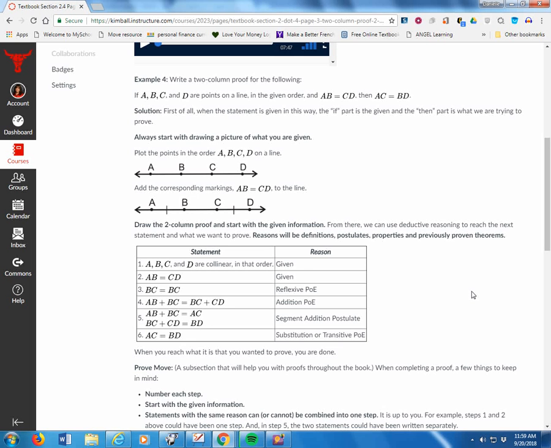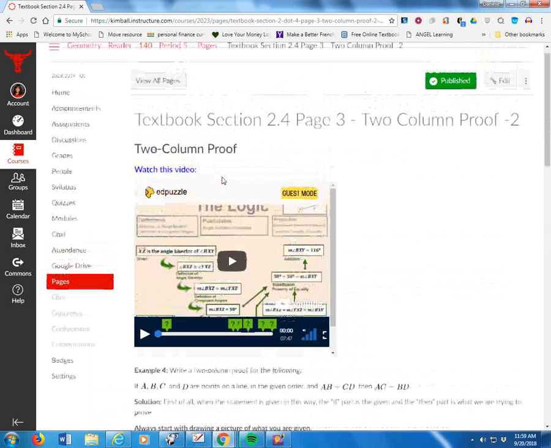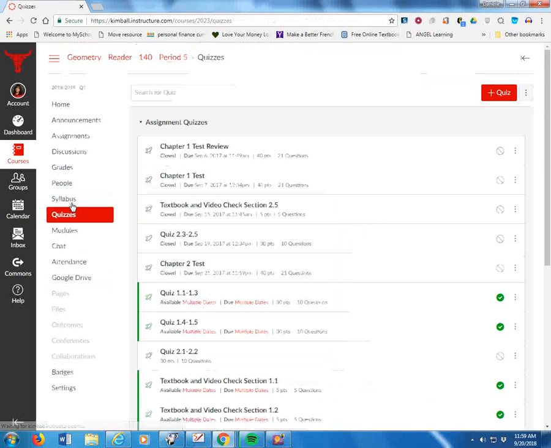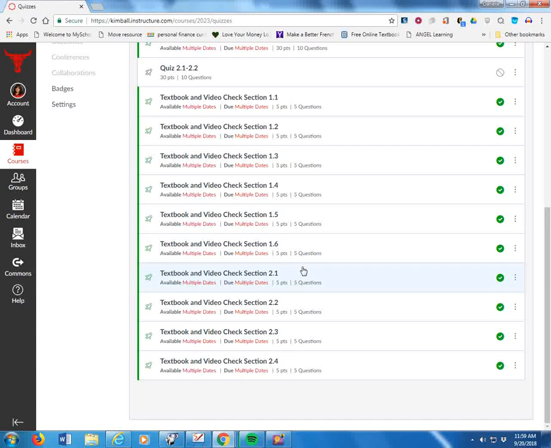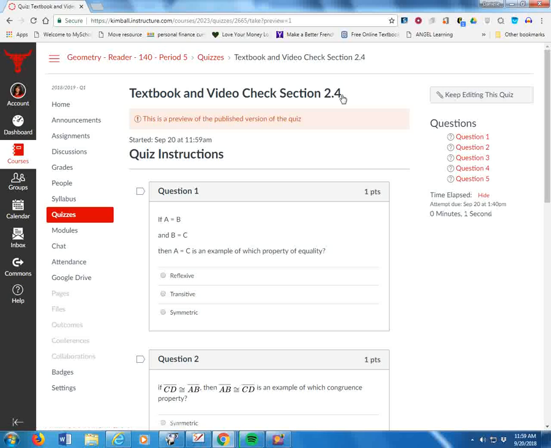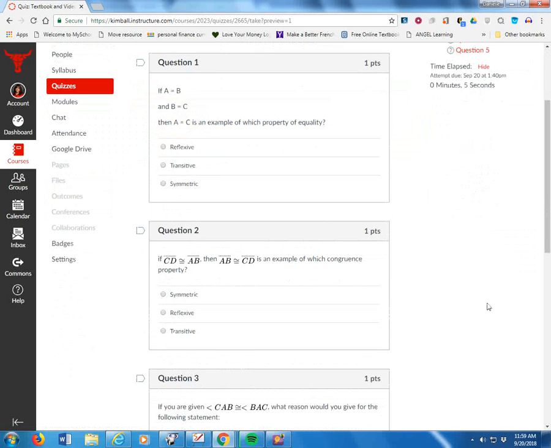Okay, let's look at the textbook check for this section. If A equals B and B equals C, then A equals C is an example of which property?